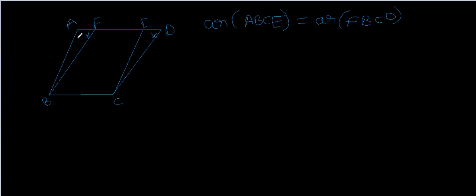Similarly, if this angle is y, then this angle will also be y. Again, both of them are corresponding angles between the parallel lines AB and FC, and the transversal is AE. And also FB is equal to CD, because FBCD is a parallelogram.